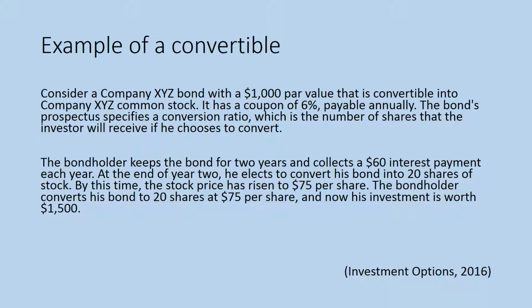At the end of year 2, he elects to convert his bond into 20 shares of the stock. By this time, the stock price has risen to $75 per share. The bondholder converts his bonds to 20 shares at $75 per share, and now his investment is worth $1,500, $500 more than his previous par value.